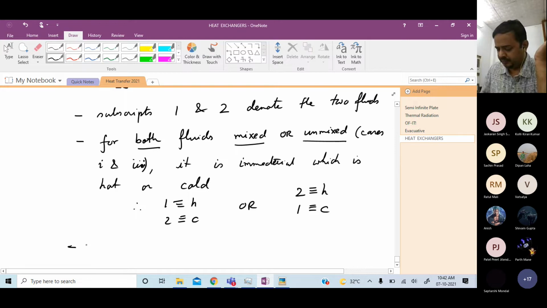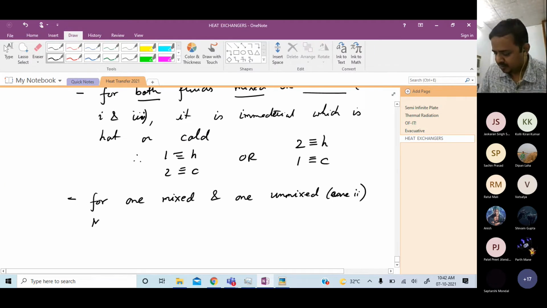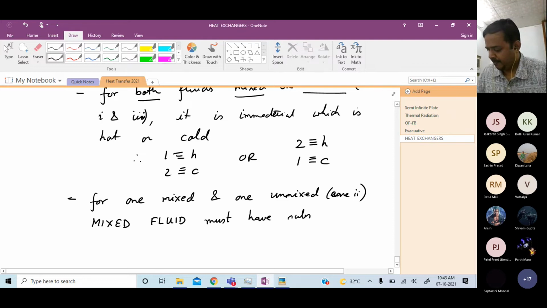However, for one mixed and one unmixed, which was the second chart that I showed you, which is case 2 in our notes, please make a note: the mixed fluid must have subscript 1.